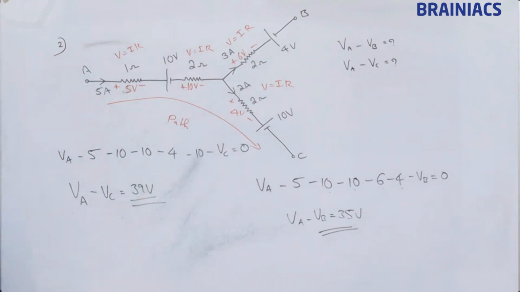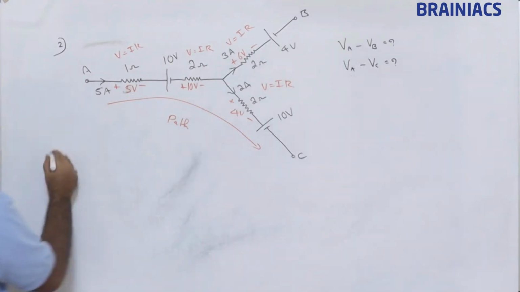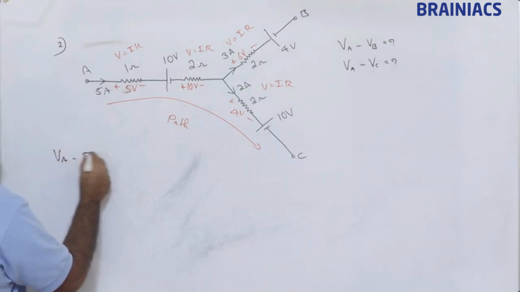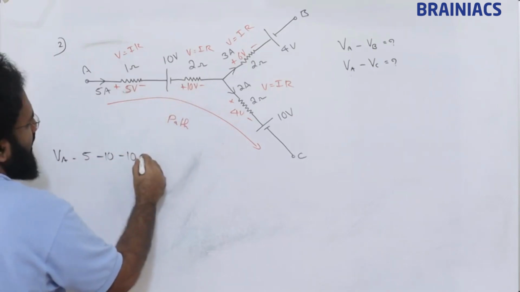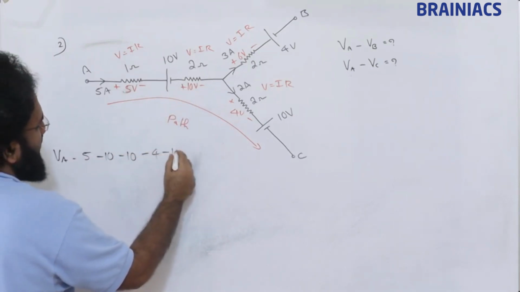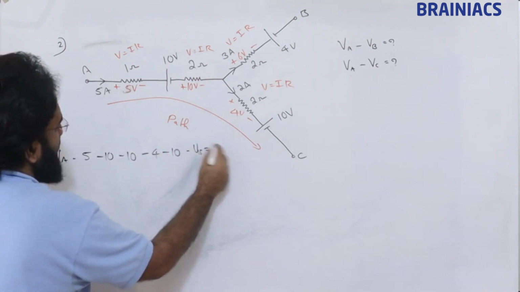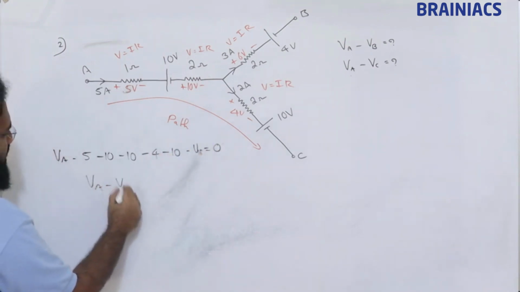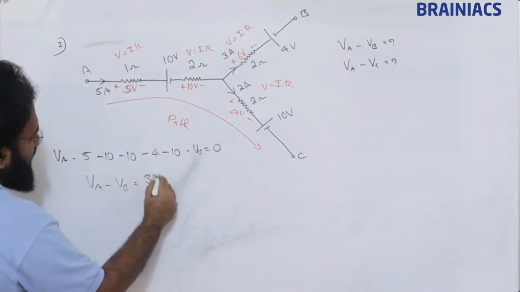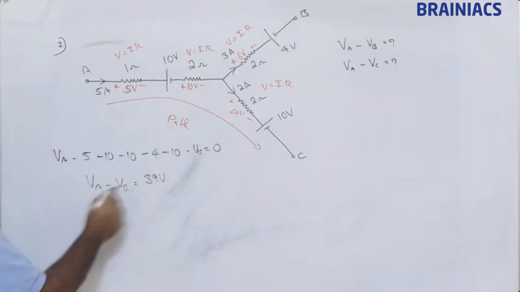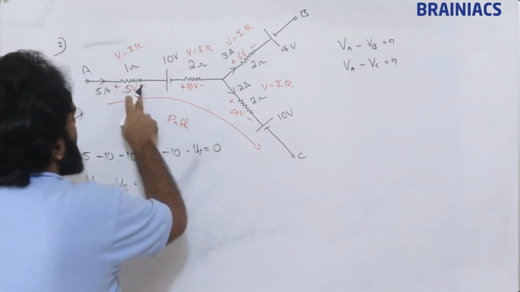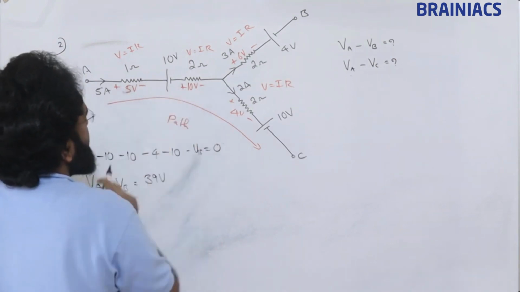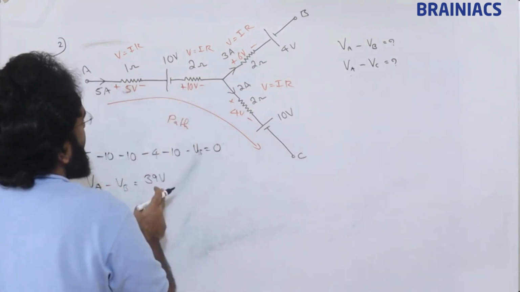Just mark plus minus based on the direction of current, then apply. We did VA minus 5 minus 10 minus 10, then minus 4 minus 10 minus VB is equal to 0. So VA minus VB we got as 39 volt. Correct? 39 volt.